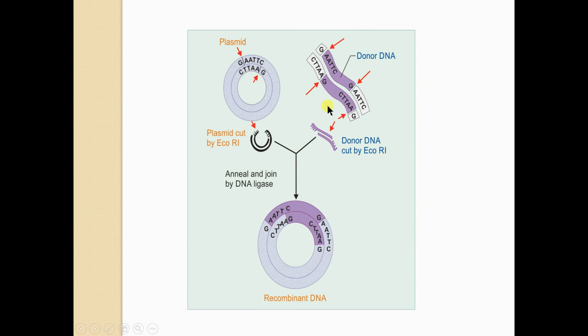Both are acted upon by the same type of restriction endonuclease enzyme, which acts on the specific recognition sequence in both the interested DNA and the plasmid. They will produce sticky ends here, because the enzyme is EcoR1, which produces sticky ends. Mostly the restriction endonuclease enzymes used in recombinant technology produce sticky ends.